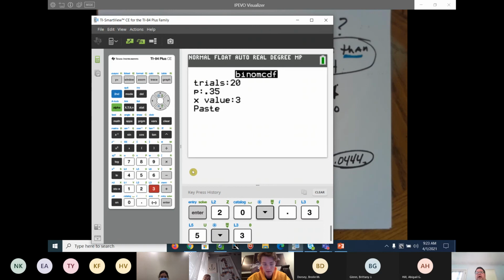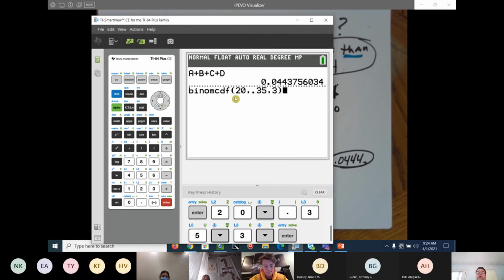We don't have 3.5 households. You don't have decimals and fractions. So the only number less than 4 is 3, 2, 1, 0. So CDF means that you go from 0 to 3 and paste. And if you got an older calculator, that's what you would type in, 20, comma, 0.35, comma, 3. But you got to make sure you're doing cumulative CDF.